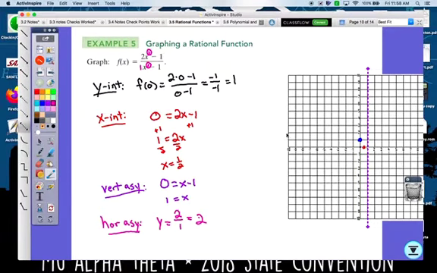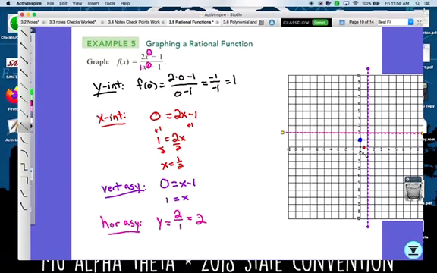We come up here to 2 and draw a horizontal line across. Then we're almost done. We just have to graph.